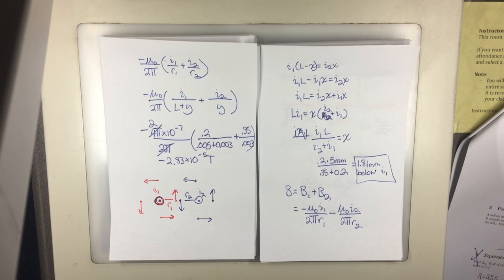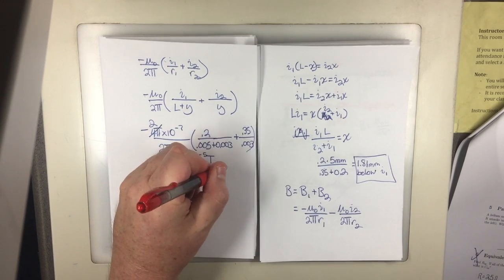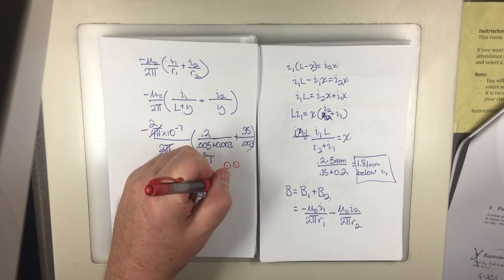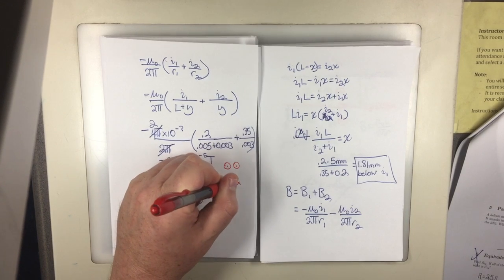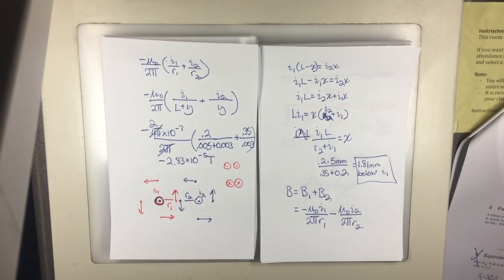Now, you said find X. I can't figure out which B is positive or negative. Physically, what's the big deal? As long as they're both going in the same direction, they'll just add up and the magnitude gets bigger.